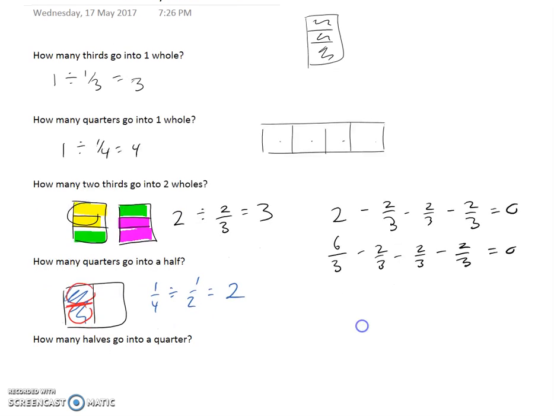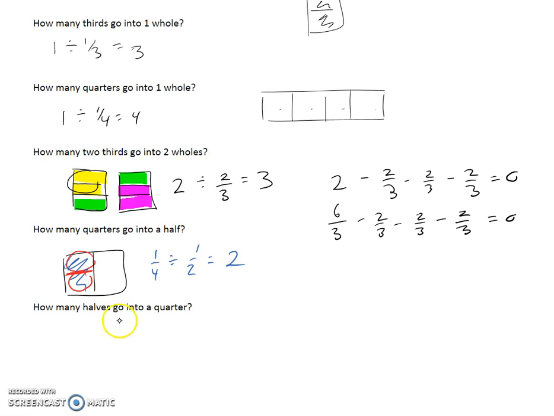Alright, we're just using reasoning at the moment. How many halves go into a quarter? Now this is slightly harder to visualize, isn't it? Here's a quarter. And I'm basically asking how many halves go into this quarter? Well, it's not going to be a whole amount, is it?